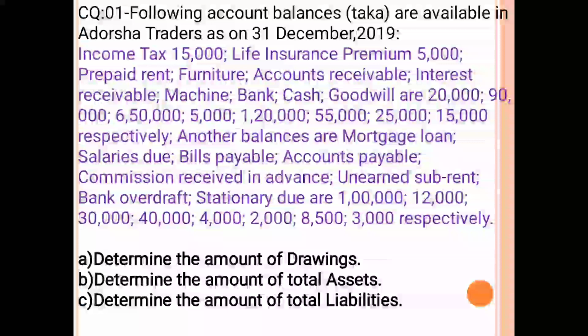From the above information, you have to solve three requirements. Requirement A, determine the amount of drawings. Requirement B, determine the amount of total assets. Requirement C, determine the amount of total liabilities.